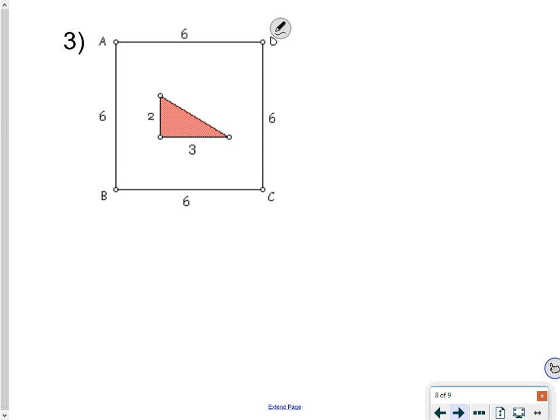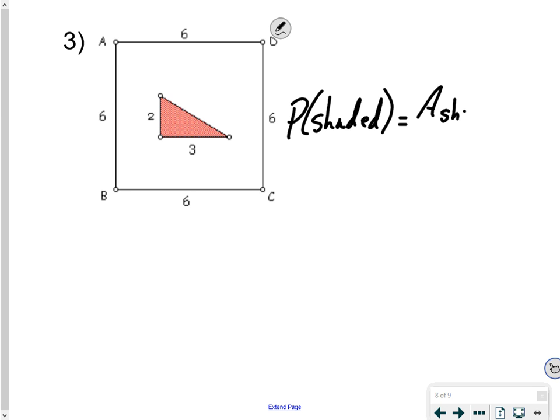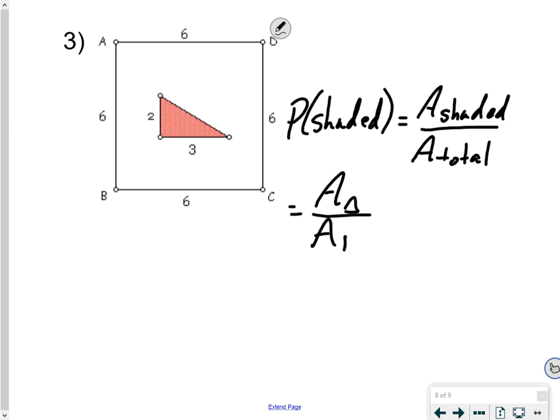All right, last geometric probability problem. Like before, just using those examples from before, the probability that it lies in the shaded region is going to be the area of the shaded region over the area of the total figure. And just like before, we're going to use symbols. So the area of the shaded region is just the area of that triangle, and the area of the total figure is just the area of that square. So for a triangle, we have 1/2 base times height.